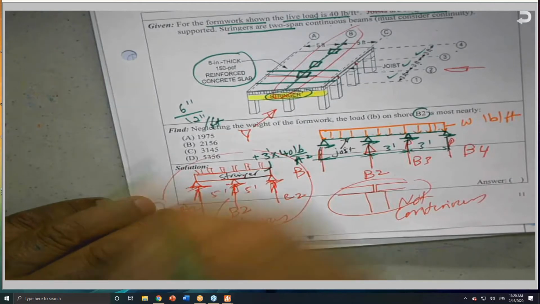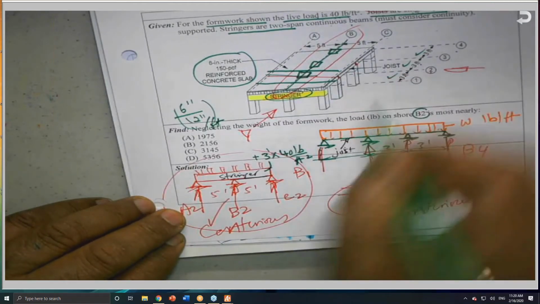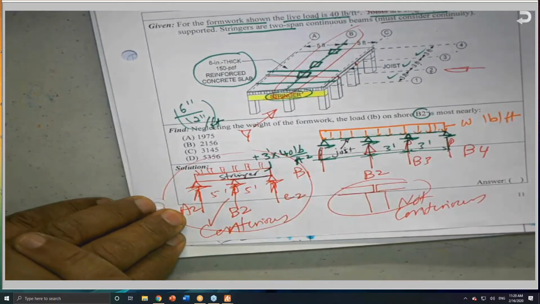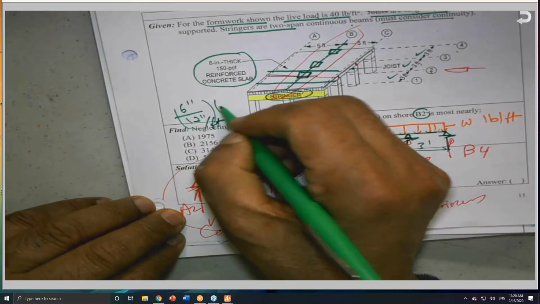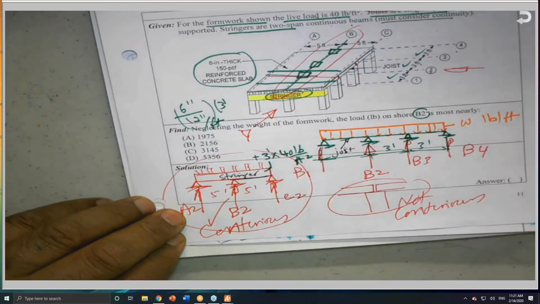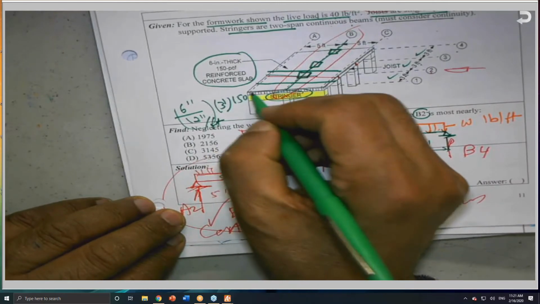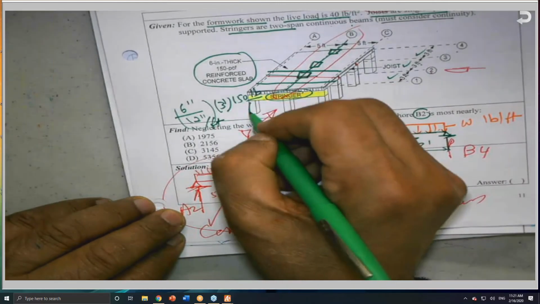This is the thickness, times 3 feet wide, which is 1.5 from each side, times 150 pounds per cubic foot.